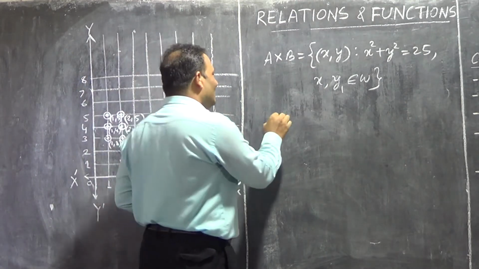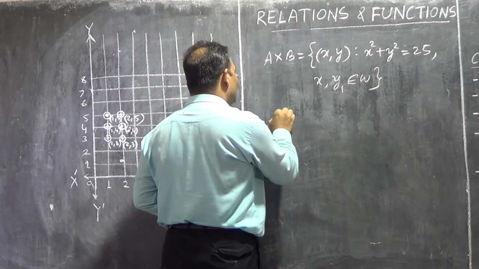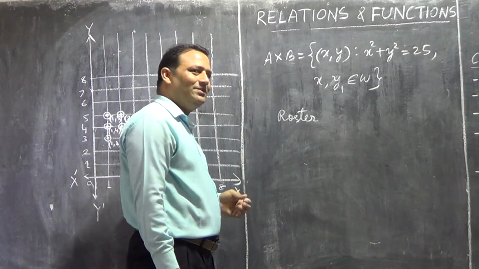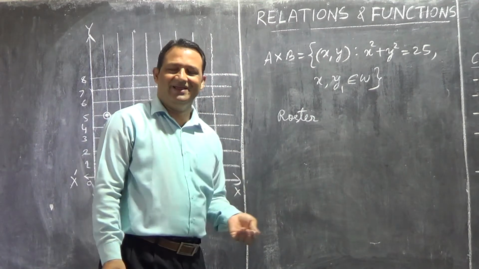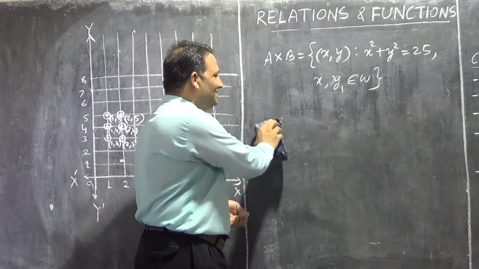So we can use the tabular method, or you say roster form or tabular form, or you say listing method. You can make a list.